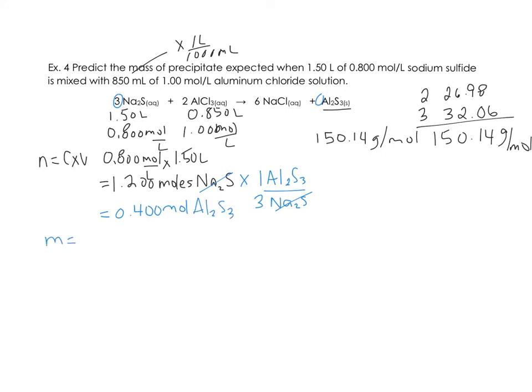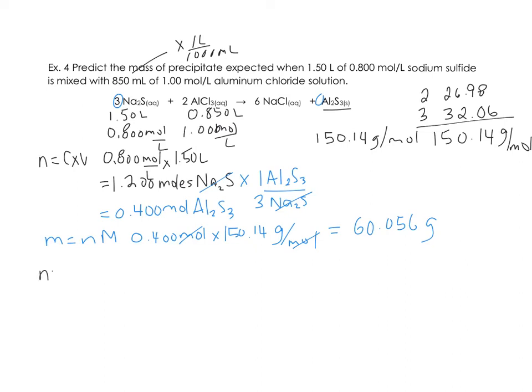The mass you find by taking the moles times the molar mass. So 0.4 times 150.14 grams per mole. Moles cancel. And that gives us 60.056 grams. So that is from sodium sulfide.